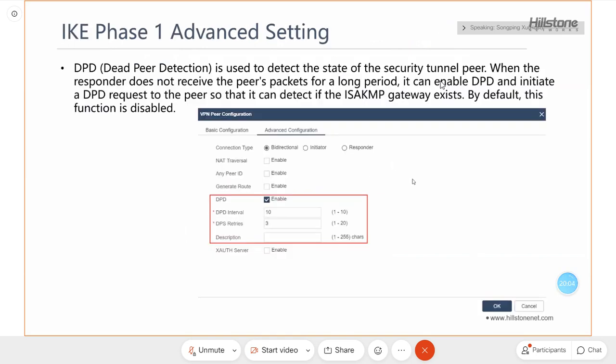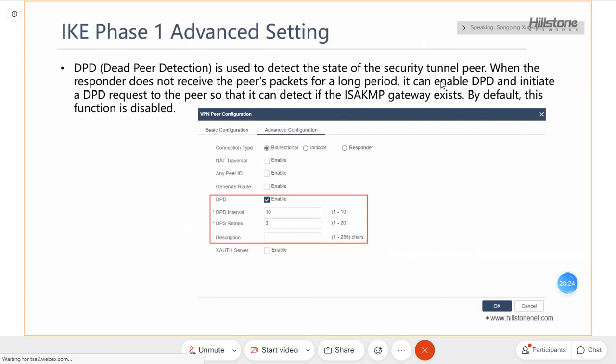And in IKE phase 1, we also support some advanced settings. One important feature is DPD, dead peer detection. This feature is used to detect the status of the secure tunnel peer.